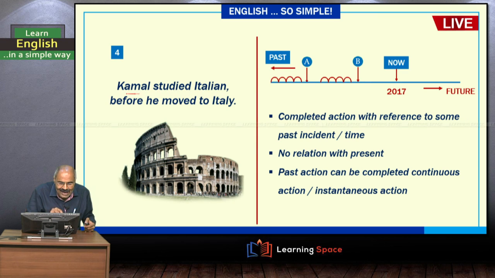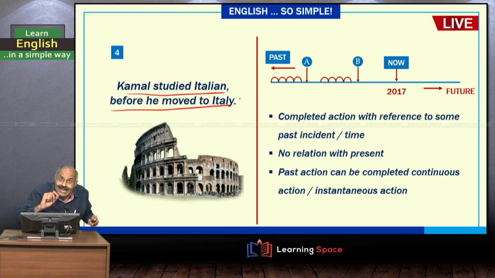Kamal studied Italian before he moved to Italy. Please recollect: when I reached the station, the train had already left. When I arrived at my friend's house last night, my friends had already left for the movie.